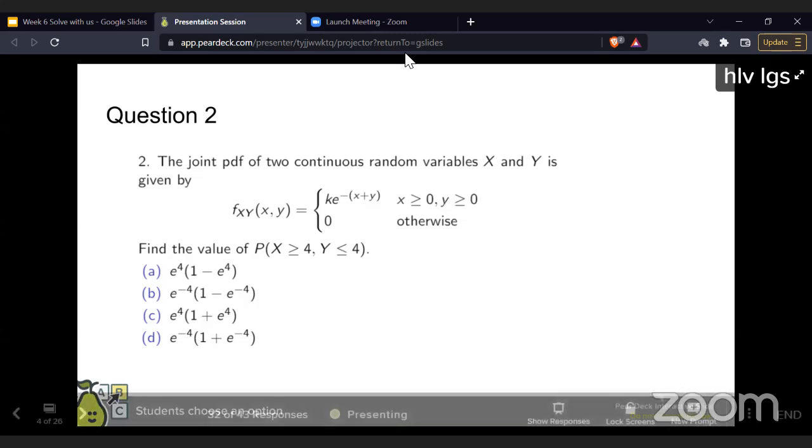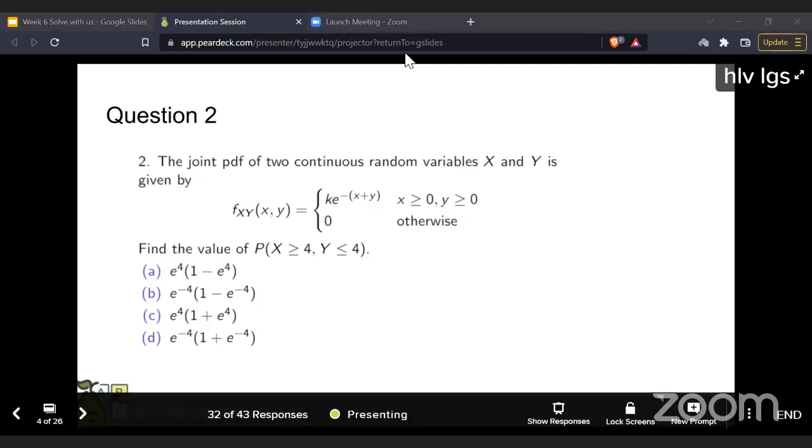And both x and y are greater than or equal to 0. So to find the probability, any idea what we should do here? Ma'am, we will take limits of y from 0 to 4, and for x, it would be from 4 to infinity, and we will integrate.